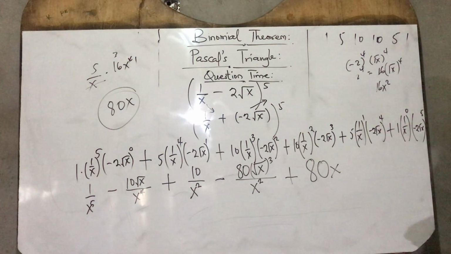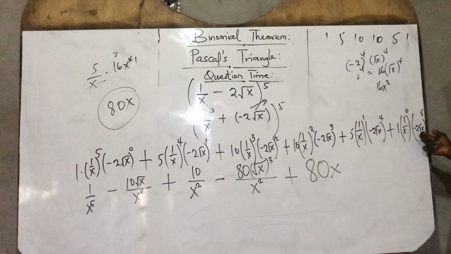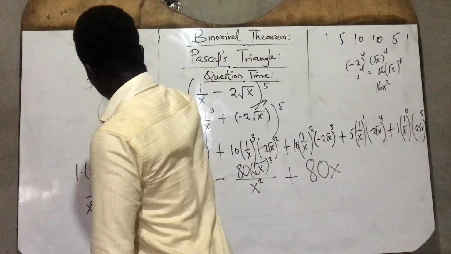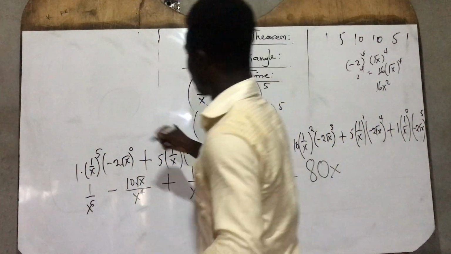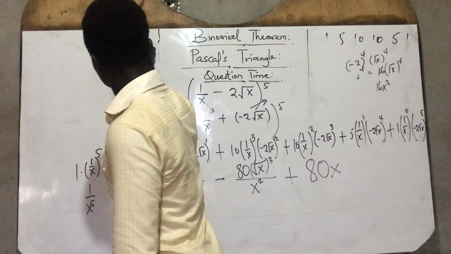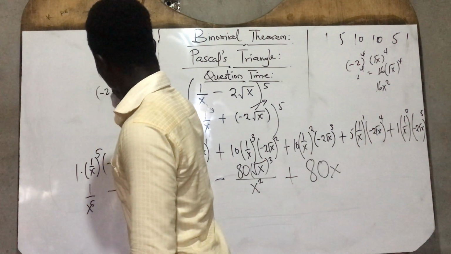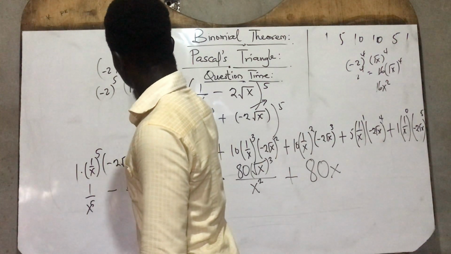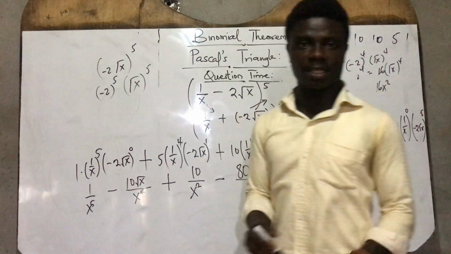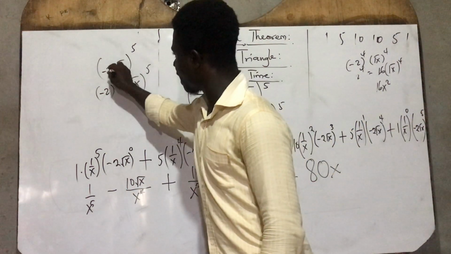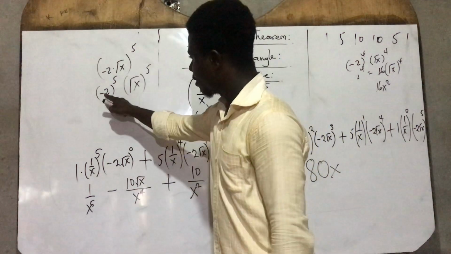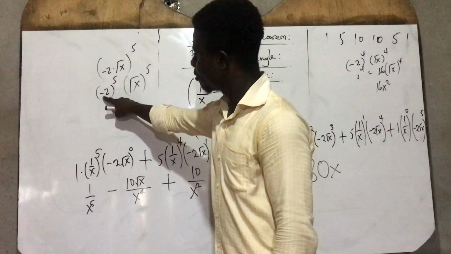1. Then I have this negative 2 square root of x all to the power 5. So negative 2 square root of x all to the power 5. This one, I'll get that. Then square root of x all to the power 5, because 5 is affecting that. Because here they are multiplying, so we're taking it. Right. So now I can say that this one is an odd number.